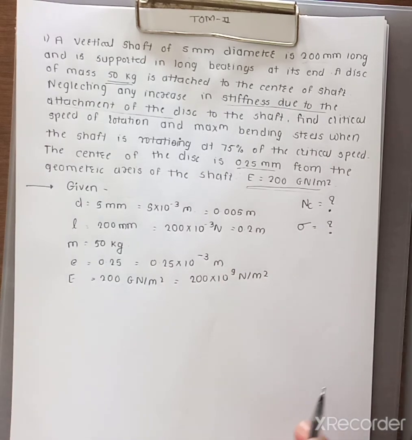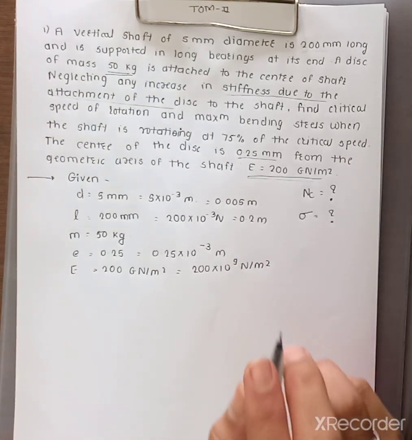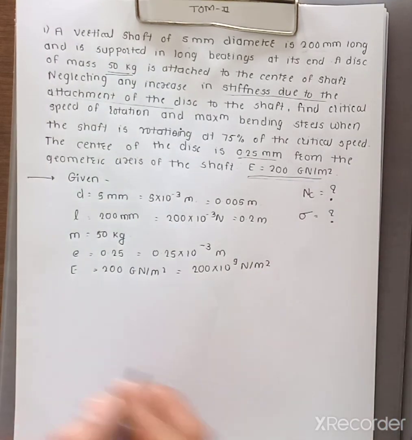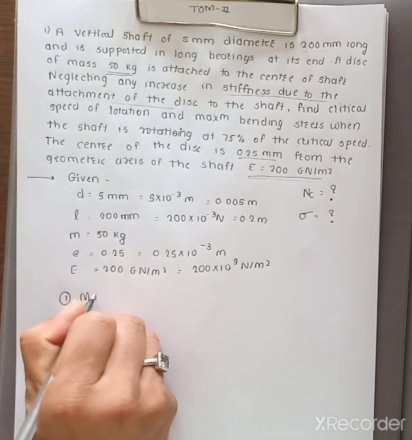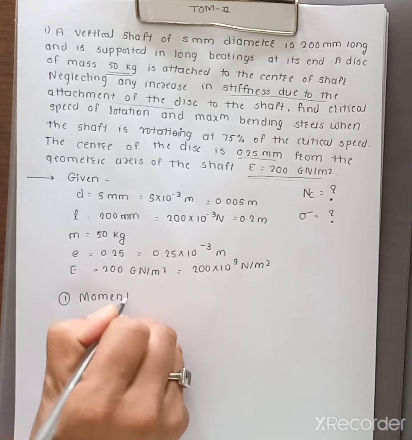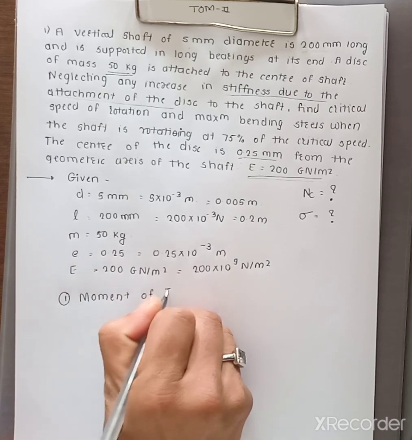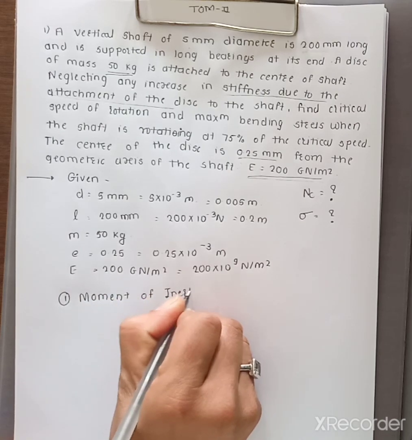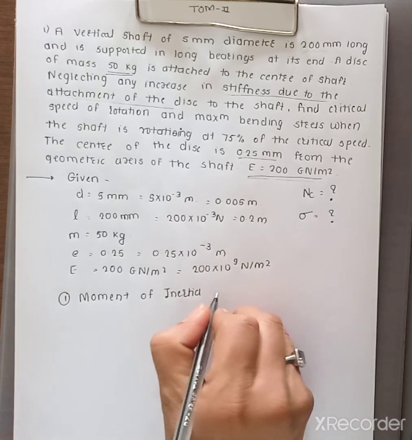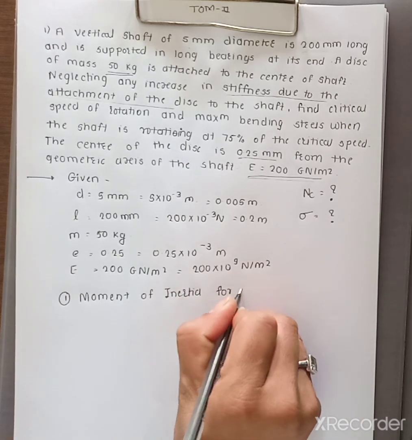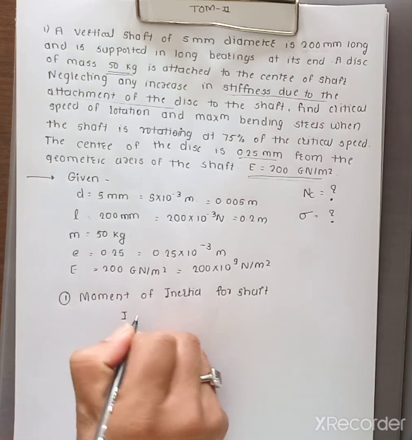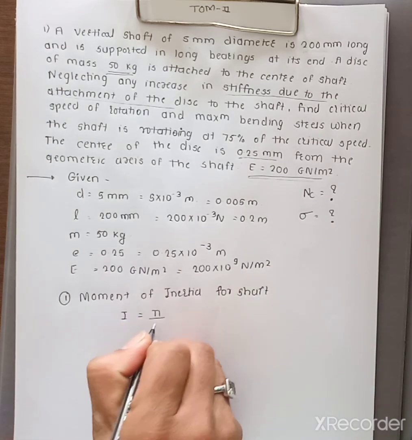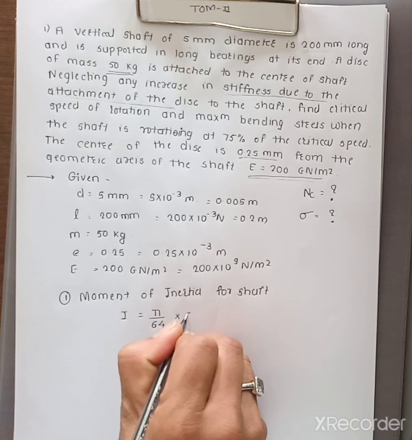Now we will see. We all know what moment of inertia is. First we will find the moment of inertia for the shaft. We all know the formula for moment of inertia: I is equal to pi upon 64 into d raised to 4.